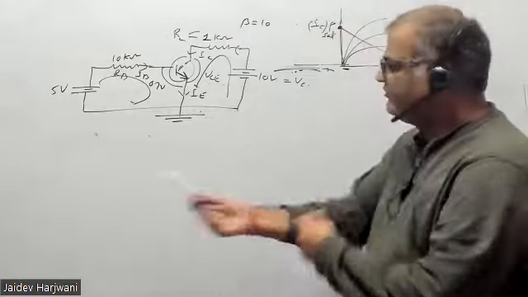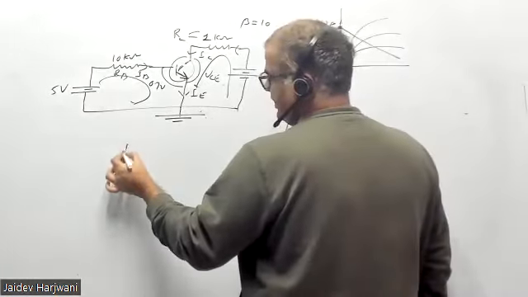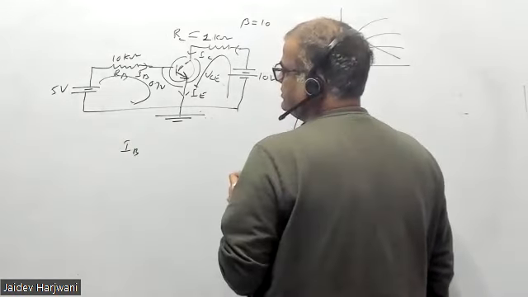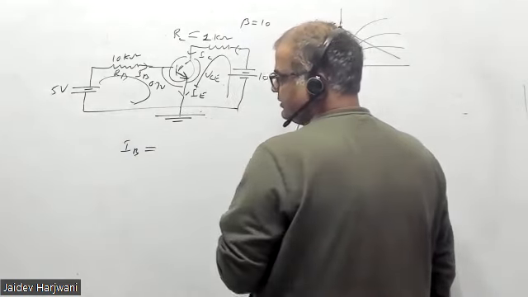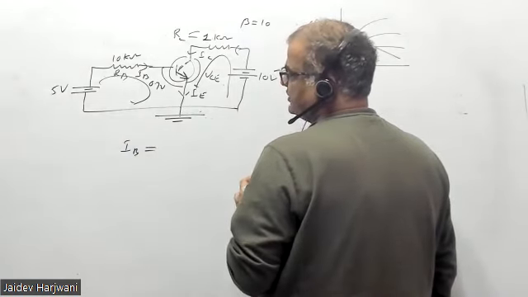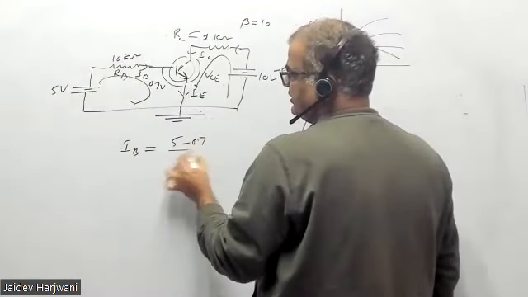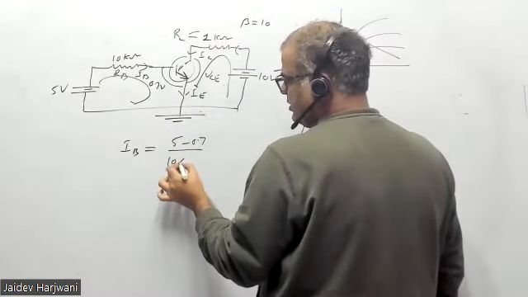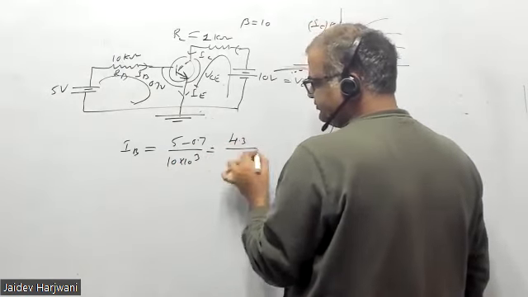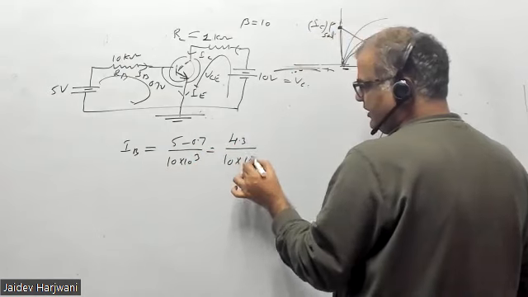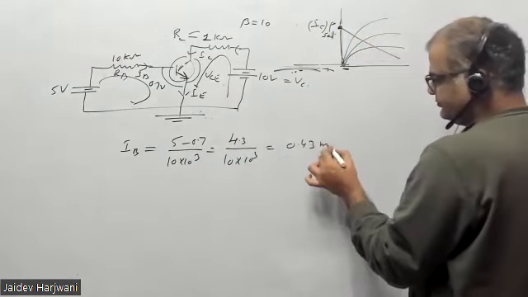So again, you have to find IB first. IB is 5 minus 0.7 upon this 10 kilo ohm, that is 4.3 over 10 to the power 3, which means 0.43 milliampere.